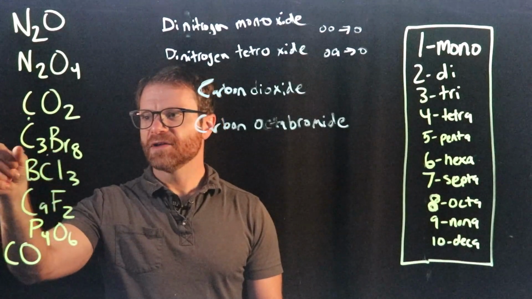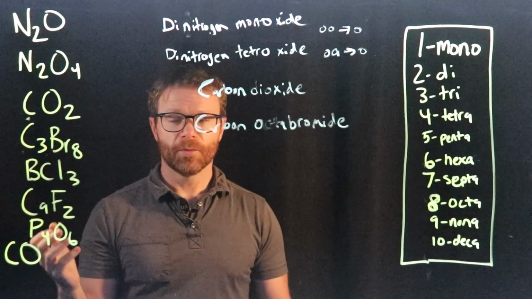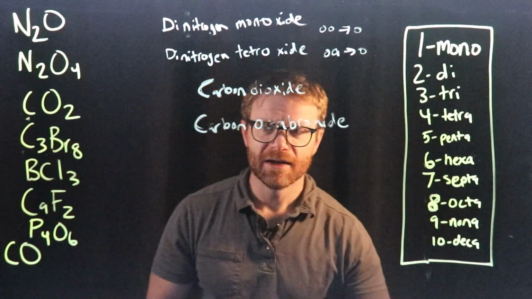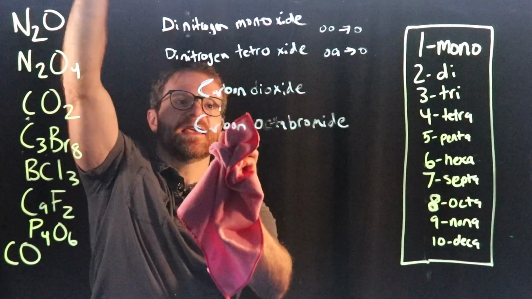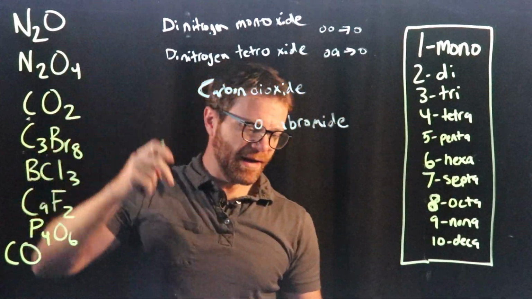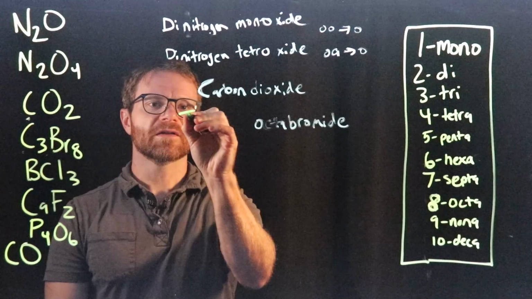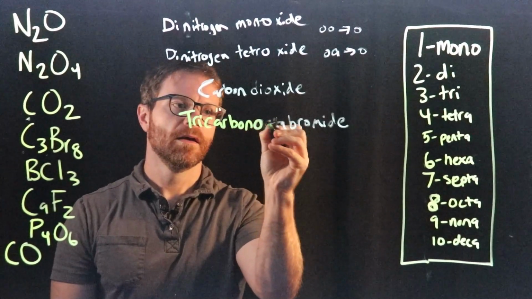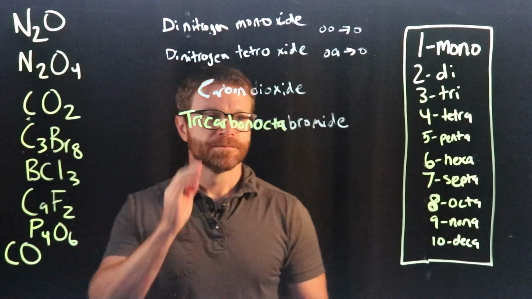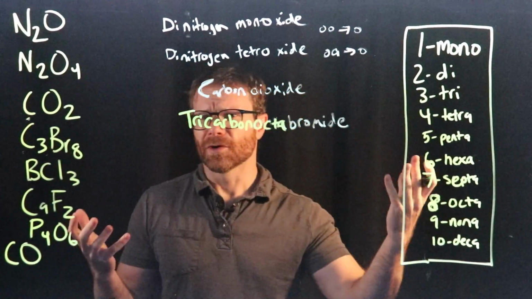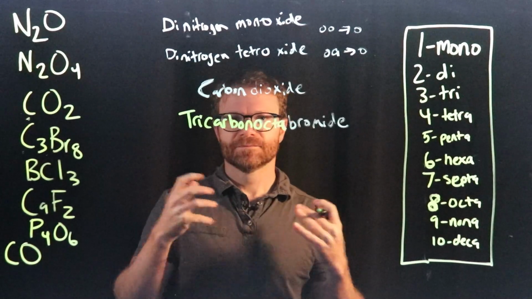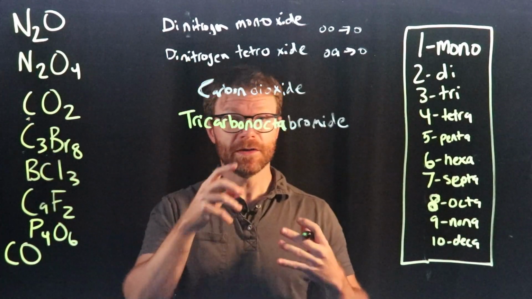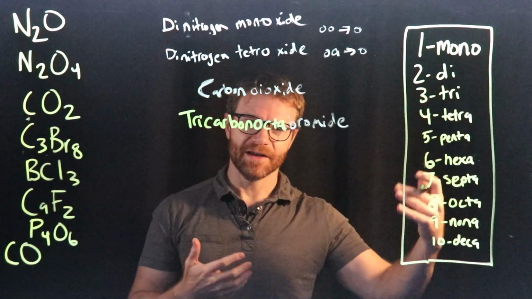But if it does have a number of things, more than one, if there's 2 carbons or 3 carbons or 8 carbons, you actually do need that number prefix. So I can't just write carbon octabromide, I have to write tricarbon octabromide. And these are technically 2 words, it's just kind of hard to see. Okay, so first thing in the name, if there is more than one of them, you do need to use your number prefixes, di, tri, etc.